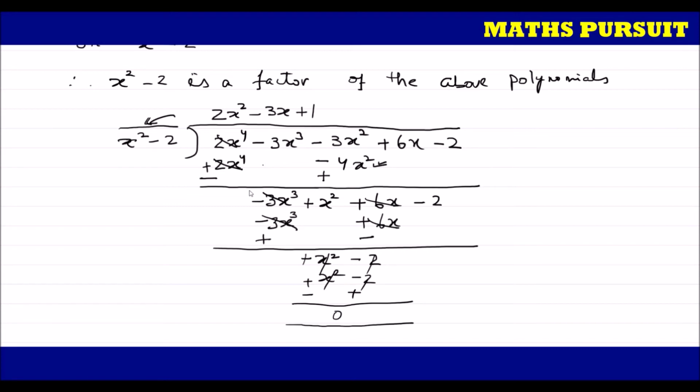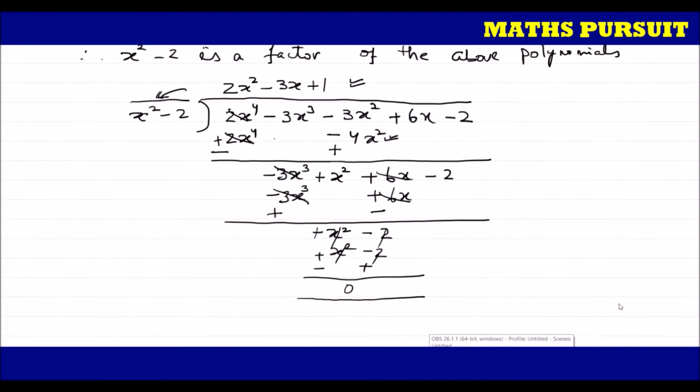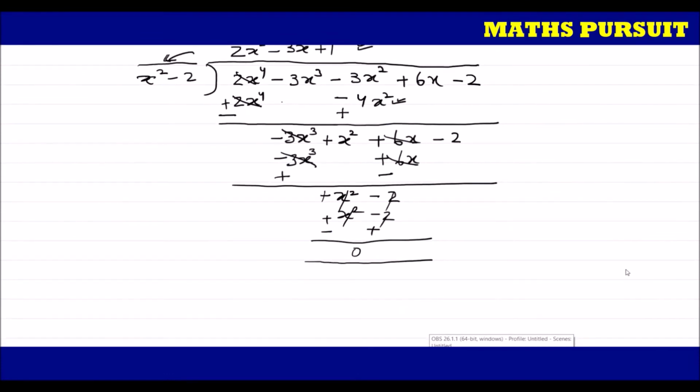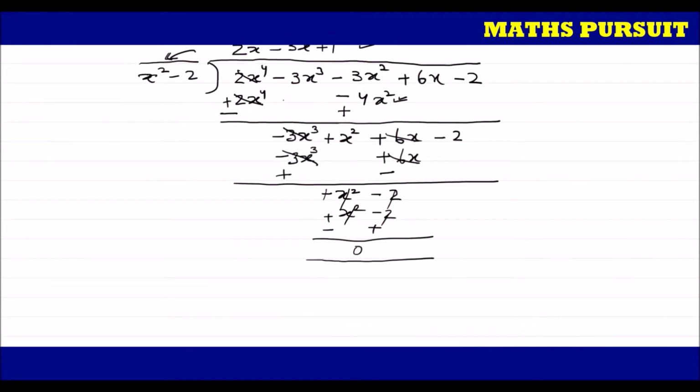So guys, what we got here? We got the quotient as 2x to the power 2 minus 3x plus 1. Now let us represent this in this way so that we can find out the factors.